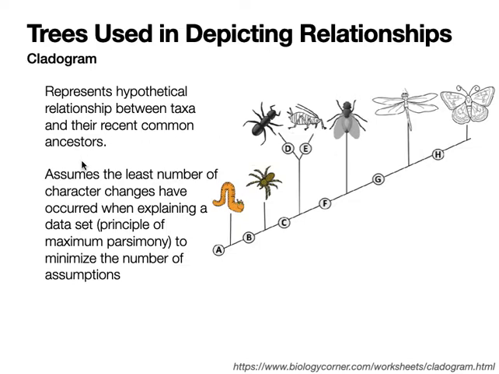So this type of classification also assumes the least number of character changes which have occurred when explaining a dataset. Ito yung tinatawag natin na principle of maximum parsimony. Yung naalala ko dito is yung explanation na if you can't explain a concept in simple terms, then you simply do not understand it.